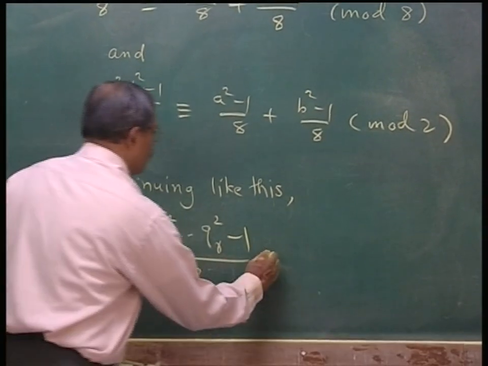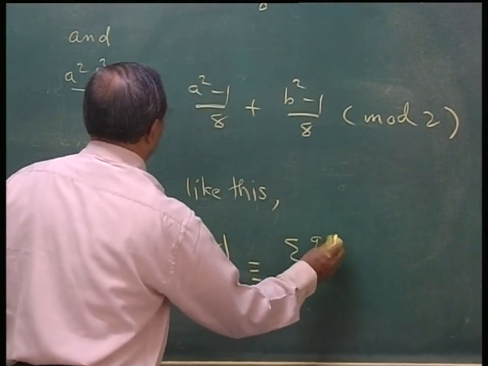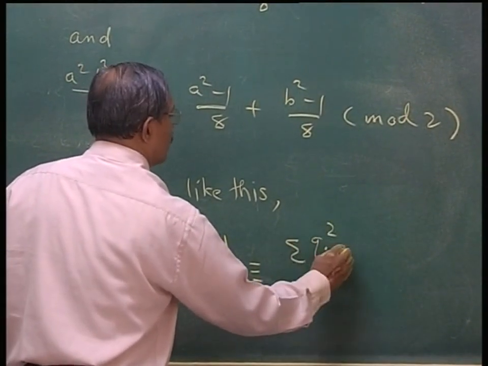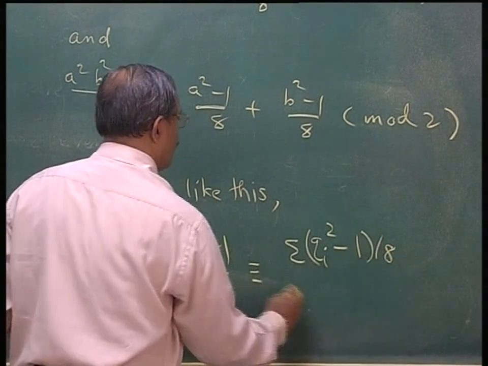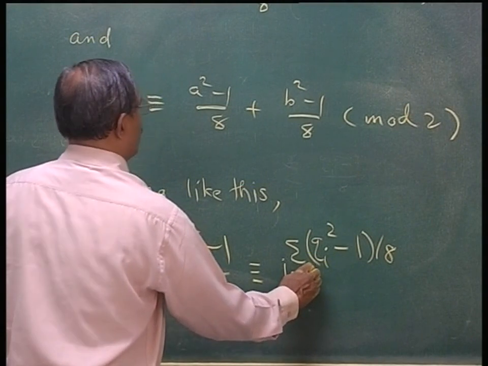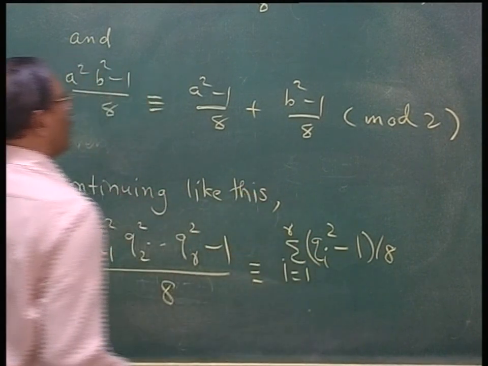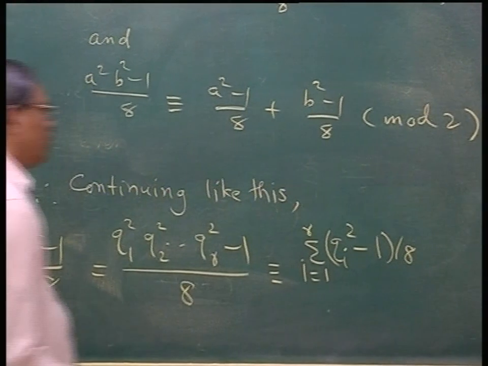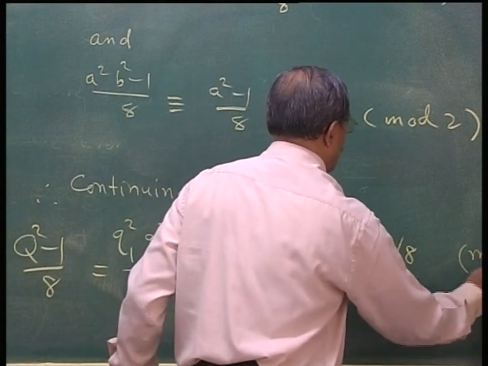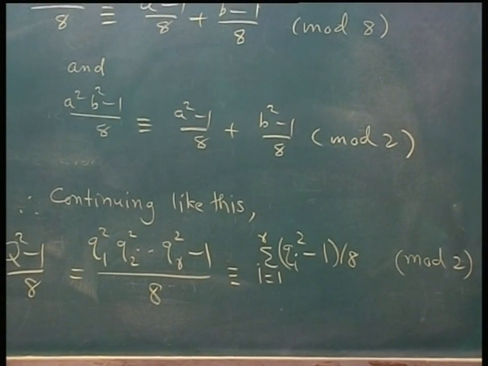It is congruent to the summation of (Qi square minus 1)/8 modulo 2.